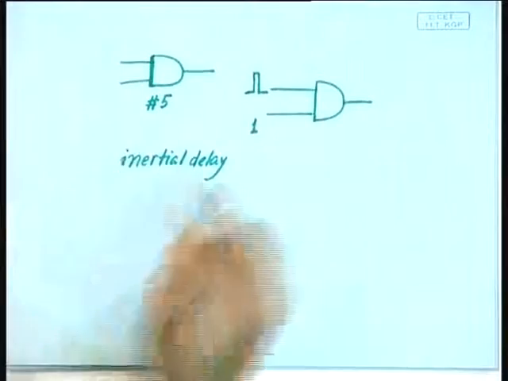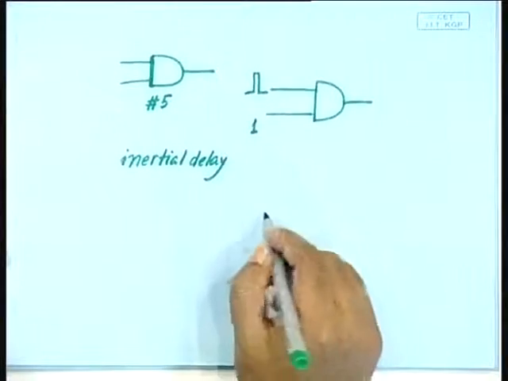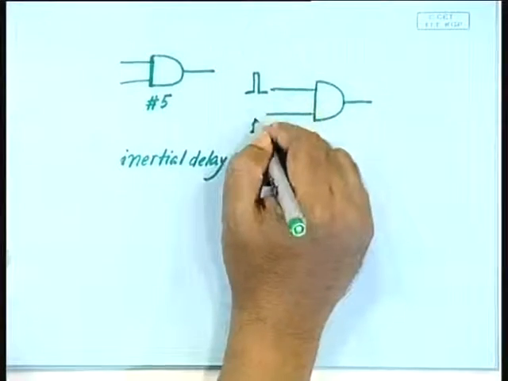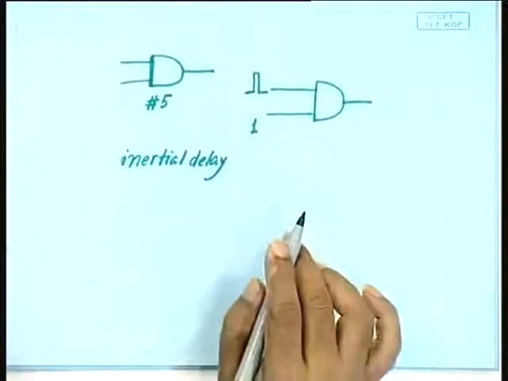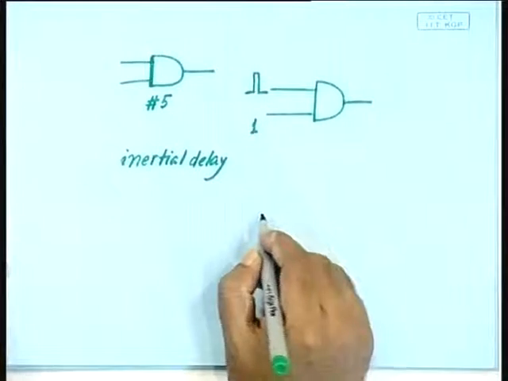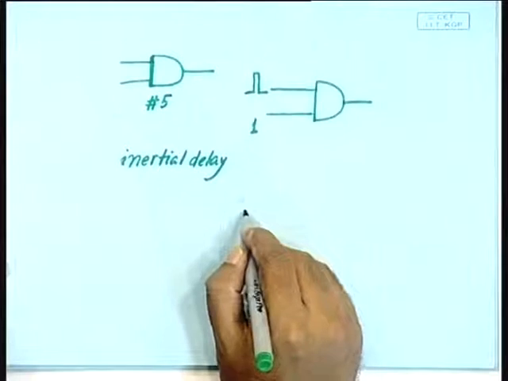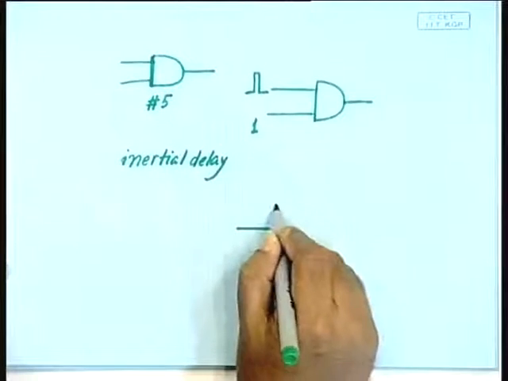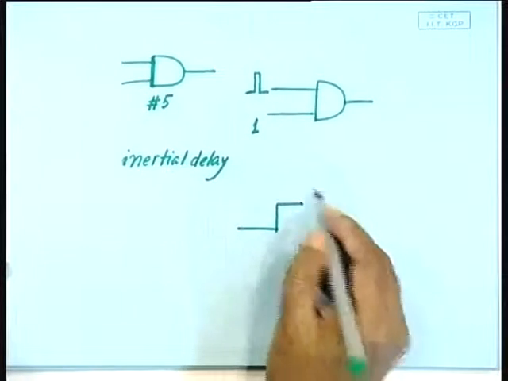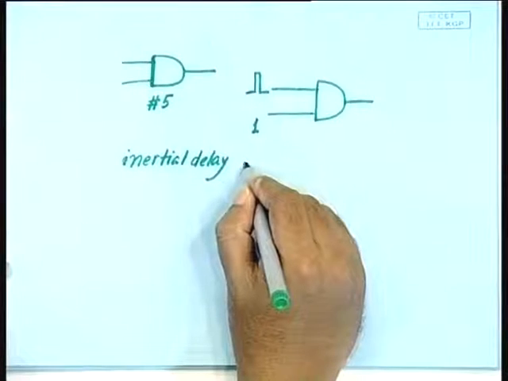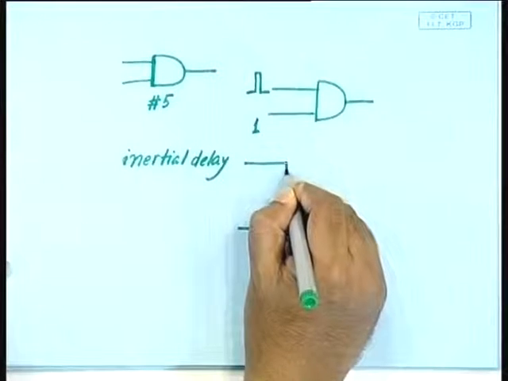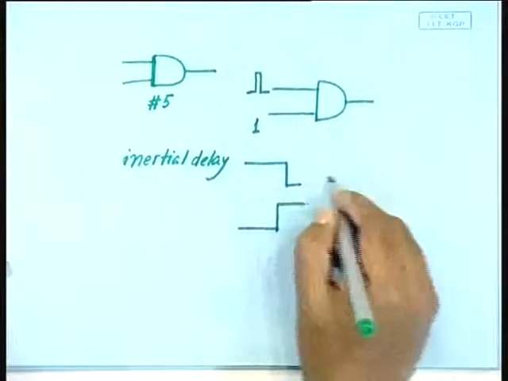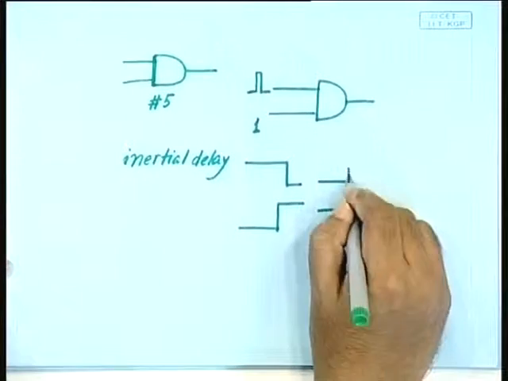This can even happen because of these two inputs being driven by two different clocks. So it could be the case that this one became 1 at some point of time and the other one was 1 and became 0 at this point of time. Alright. So these are the two inputs into your gate.